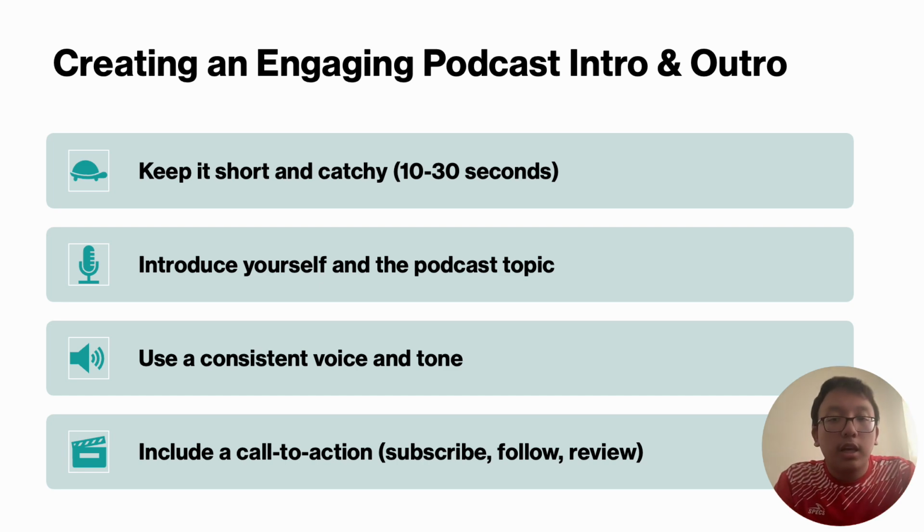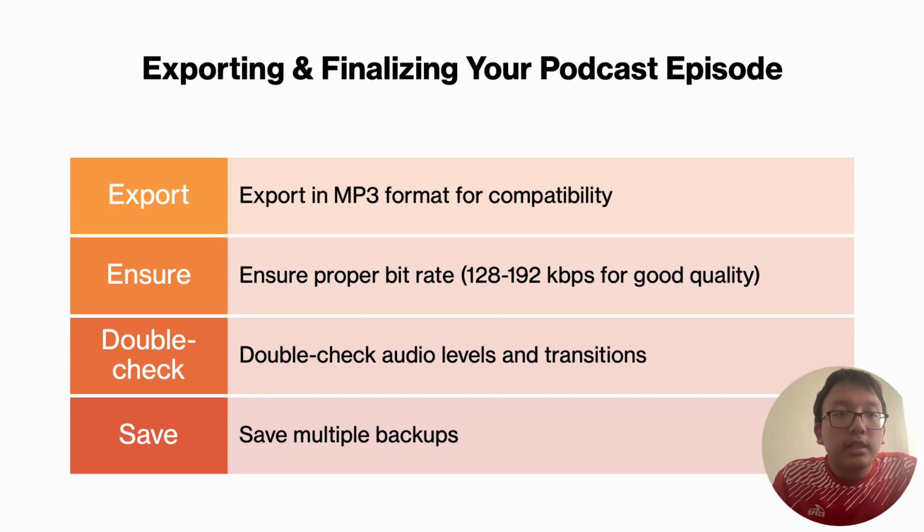Quick interlude. Second thing is exporting and finalizing your podcast. After you record, there's editing. After you edit, you need to export your podcast file in MP3 or MP4 format for compatibility. Second is ensure proper bit rate. So ensure that the bit rate of your podcast is proper.